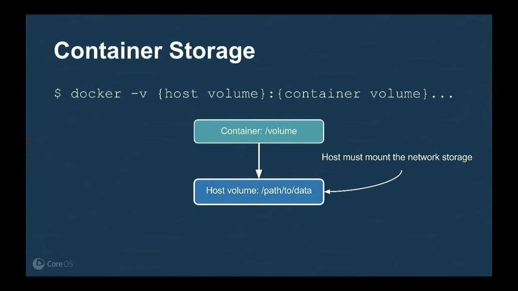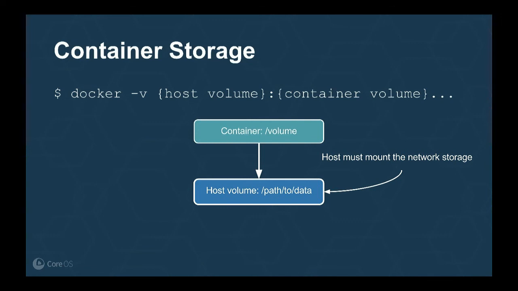So how is storage consumed by a container? Let's break it down to its simplest form and talk about just a Docker container. When a Docker container runs, a directory on the host can be mounted on the host first and then bind mounted and exposed into the container.